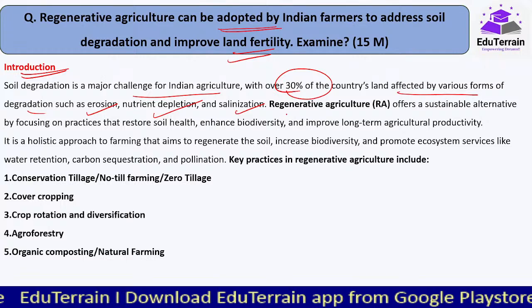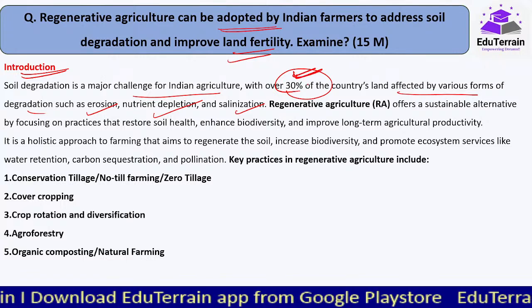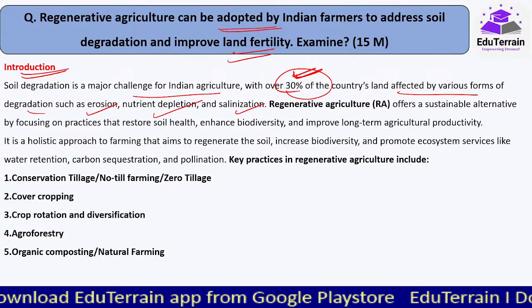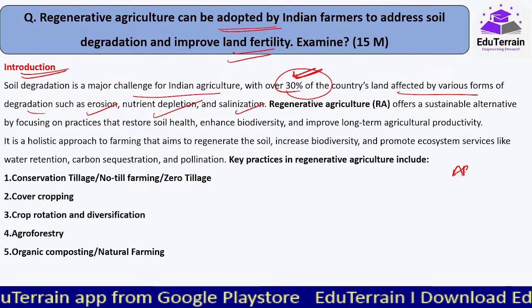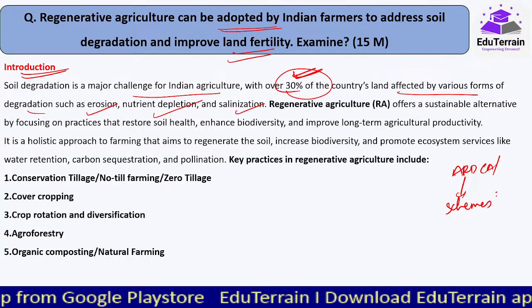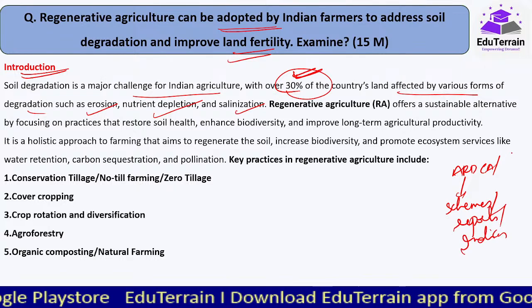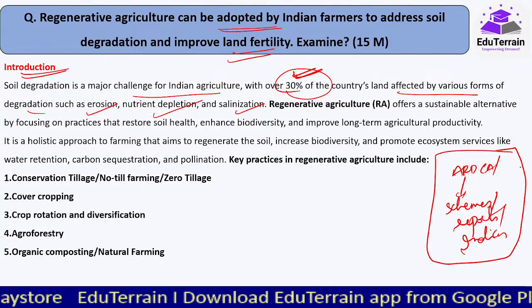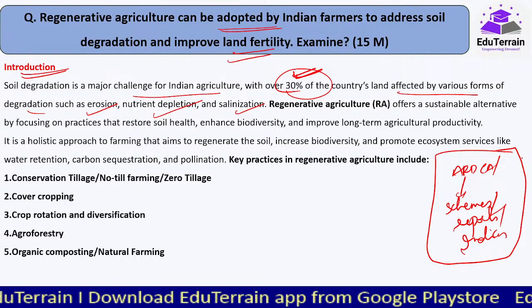Done. Now you must be wondering, ma'am, where did you get this 30% data? And ahead I'll be providing you lots of facts and figures. All that I have taken from the regular ARD current affairs, that includes some schemes, reports and indices only. Nothing is from my whims or my imagination.